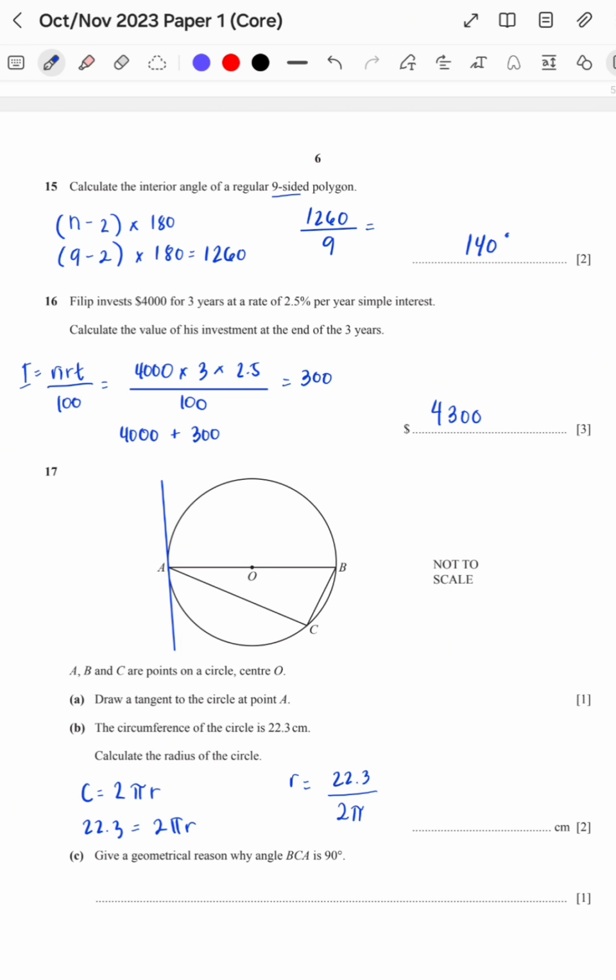Plug it in the calculator, you'll get 3.55 centimeters. Letter C, give a geometrical reason why angle BCA is 90 degrees. The reason is that an angle in a semicircle is 90 degrees.